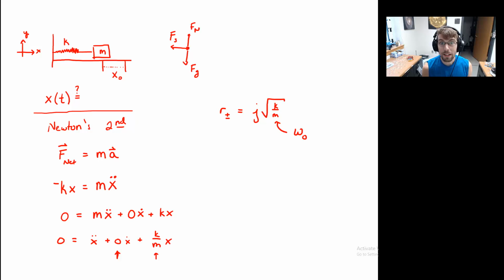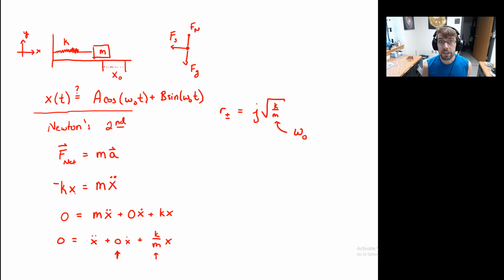So the final answer here would be something like a cosine, I'll put omega, technically it's omega d, but because alpha is 0, I'll just put omega naught here. A cosine of omega naught t plus b sine of omega naught t.